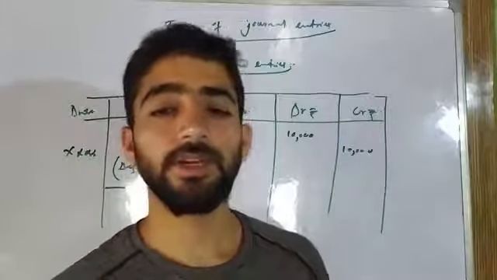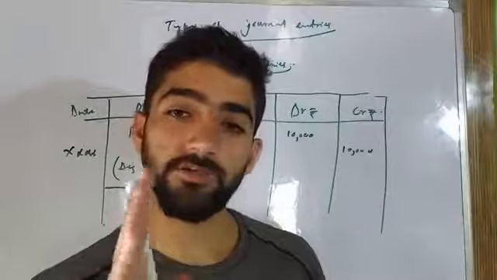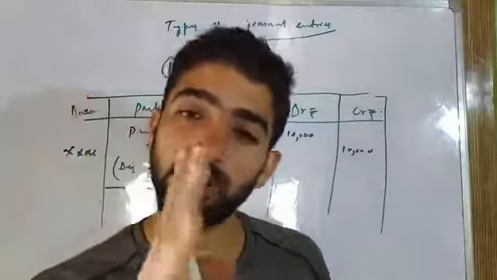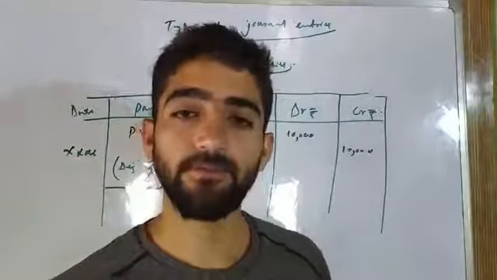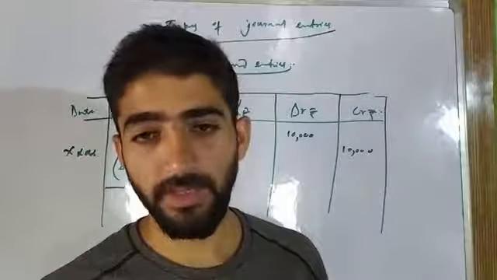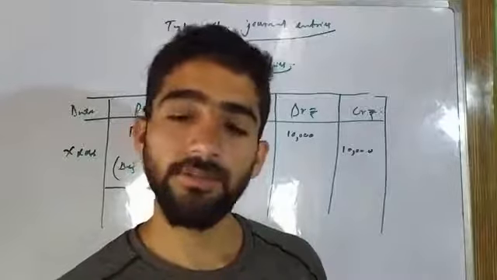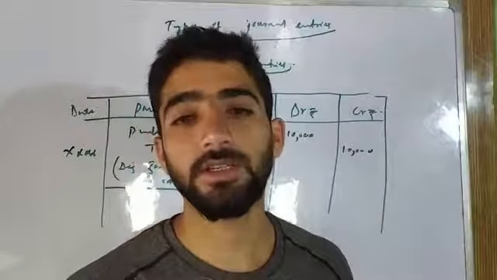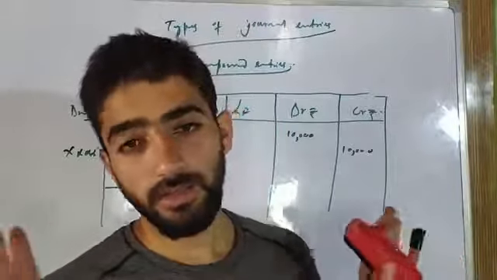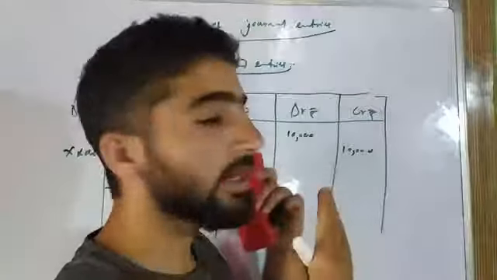So those transactions which take place at the same time and are of similar nature, in case of those transactions, we make compound entries.